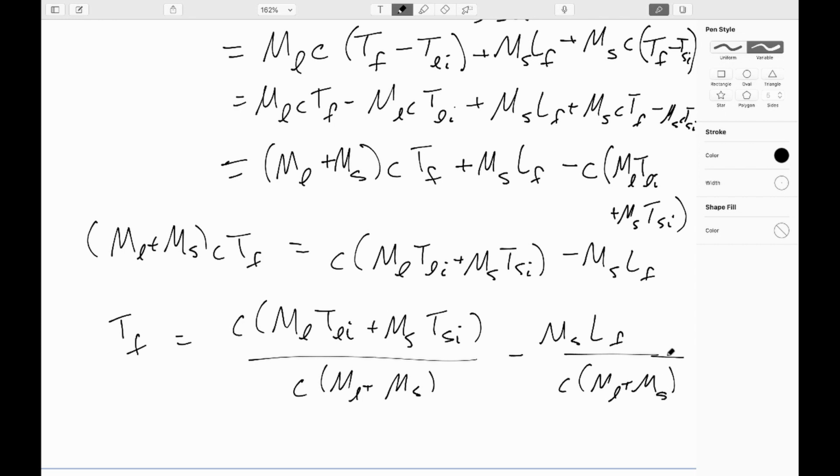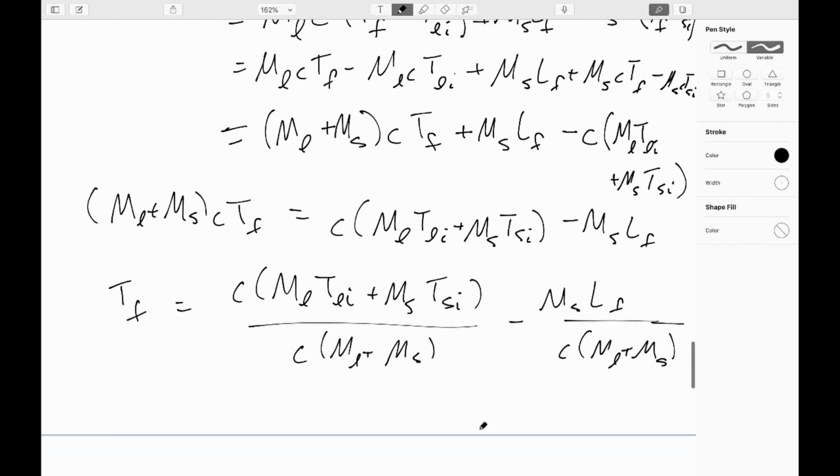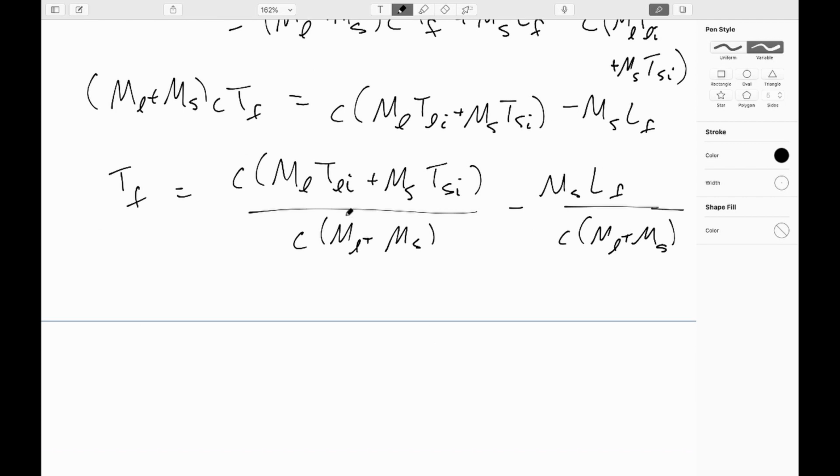I broke these apart just so that at least here I could cancel specific heats and make this suck a little less badly. But that's about all we can do with it. All right, and then here we go. Now it's just putting in numbers.